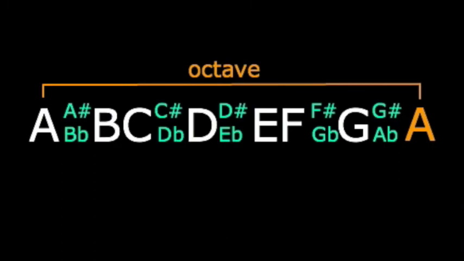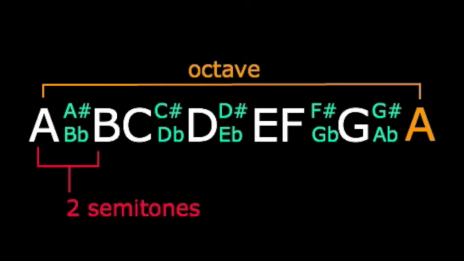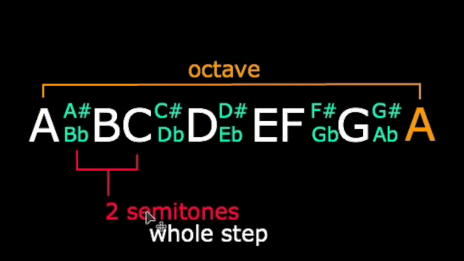The other unit of measurement that we utilize is actually two semitones, which is also referred to as a whole step. It's important to see that there are no sharps or flats between B and C and E and F when thinking about whole steps. As you can see here, the space between A and B is a whole step, but the space between A sharp and C is a whole step.